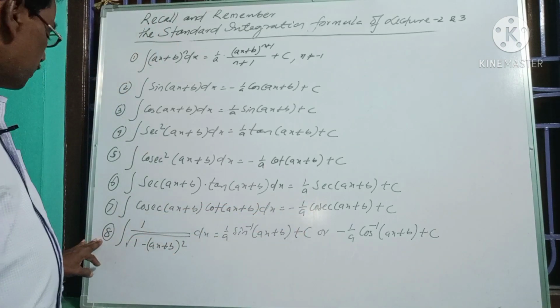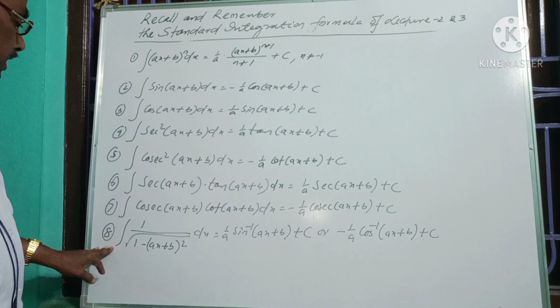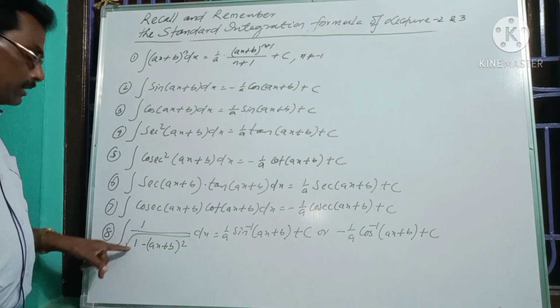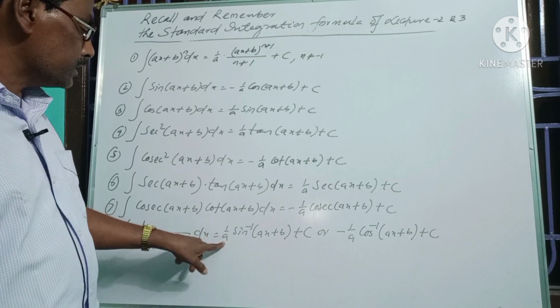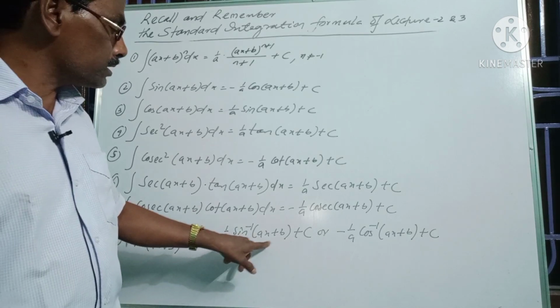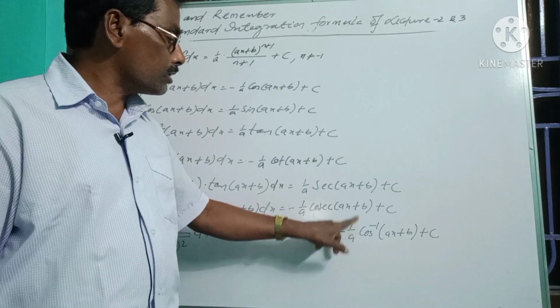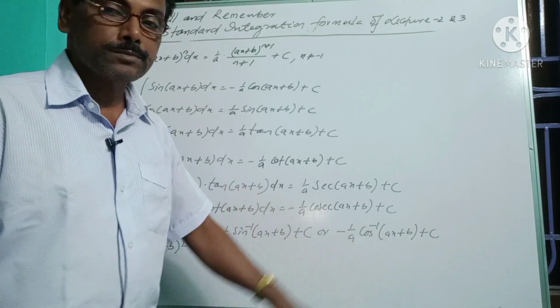Then in the 8th formula we have derived integration of the rational function, that is 1 by root of 1 minus (ax plus b) whole square with respect to x, which is equal to 1 by a sin inverse of (ax plus b) plus c or minus 1 by a cos inverse of (ax plus b) plus c.